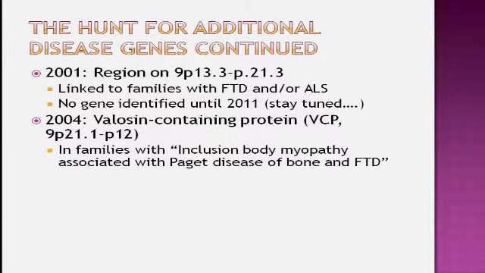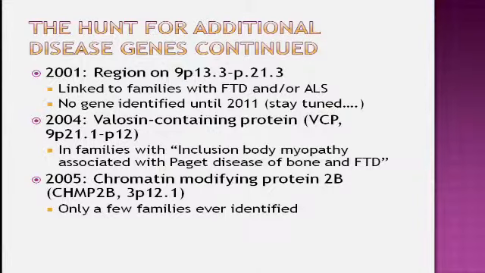It was something called valosin-containing protein, or VCP. It was for FTD, in particular in a subset of FTD cases that occurred with inclusion body myopathy associated with Paget's disease of bone. More recently, a few cases of VCP mutations have been found in families that have a mixture of IBM and ALS.